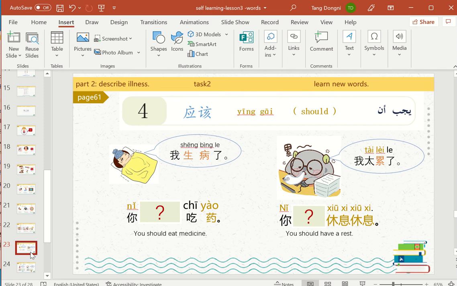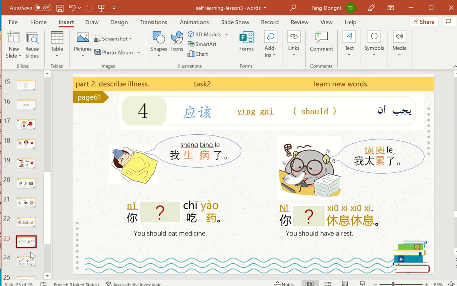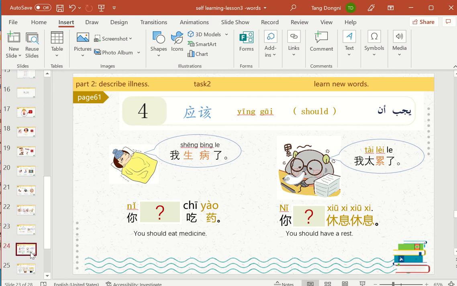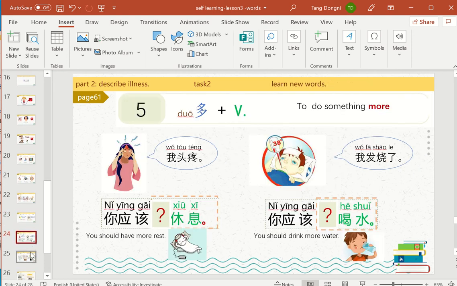If you are sick, 如果你生病了，你应该吃药。If you are too tired, 你应该休息休息。应该。And the next word is a structure, 多 plus a verb, to do something more. 你应该多休息。You should rest more. 你应该多喝水。You should drink more water. So this is 多 plus a verb.